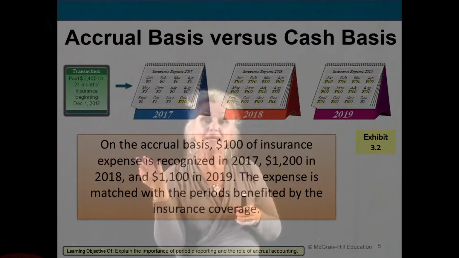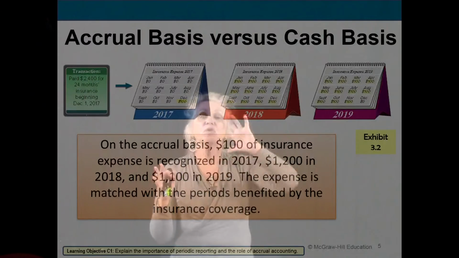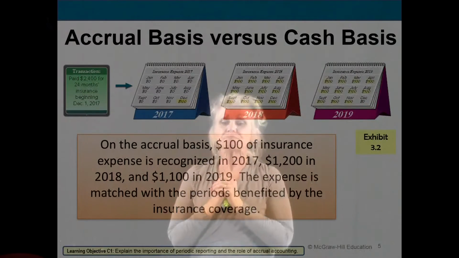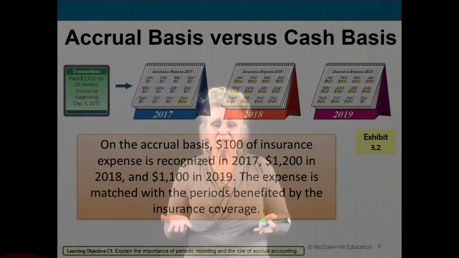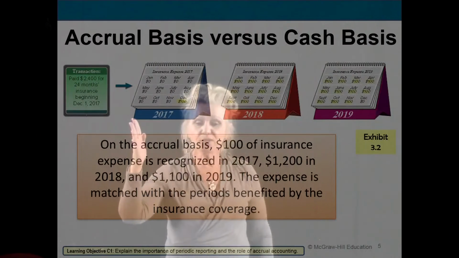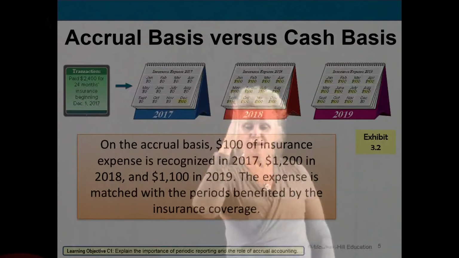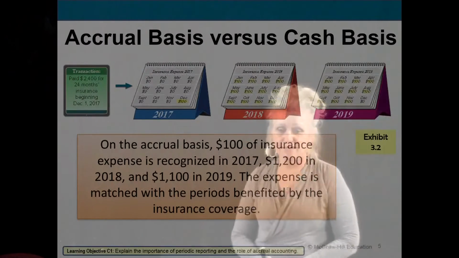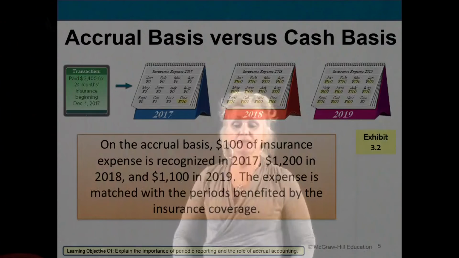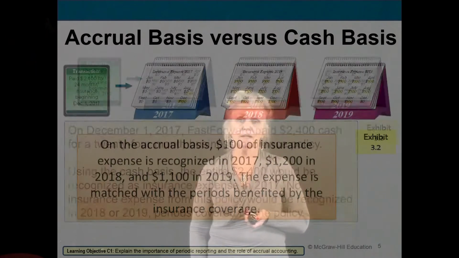Insurance is a prepaid expense, so it is an asset, because if we close the business, we can apply for a refund. All right, so on the accrual basis of accounting, $100 of this insurance is recognized in 2017, $1,200 is recognized in 2018, and $1,100 in 2019, because those are the periods that benefited from this insurance coverage.